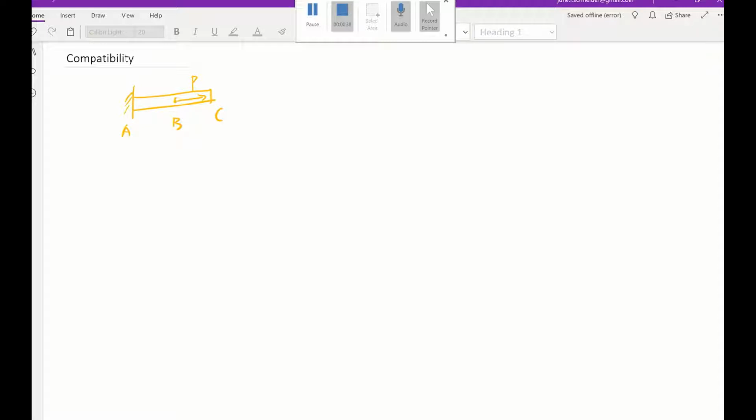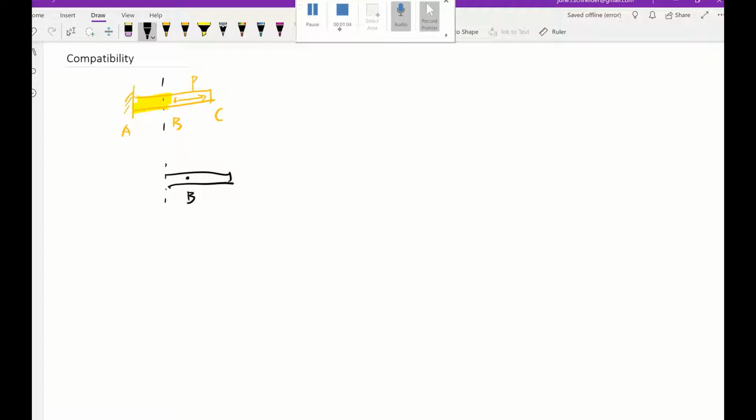When you look at this, you obviously see there are two sections, AB and BC. If you look at the AB section, and we cut anywhere between A and B, then if I want to avoid finding the reaction support at A, I will look at the right section.